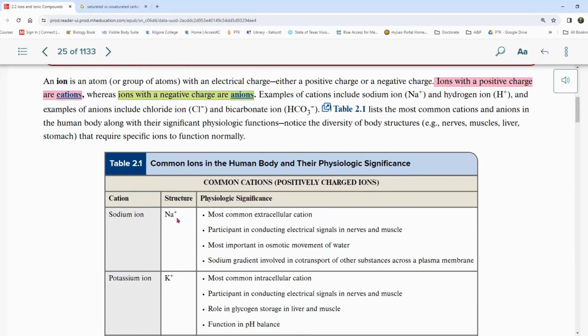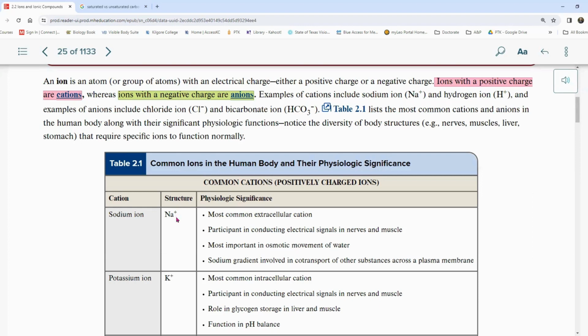If it has an overall plus charge, that means it has more protons than electrons. If you remember earlier, protons have a positive charge and electrons have a negative charge. So if sodium has a positive charge, it means it has more protons than electrons. And in this case, it just has 1 more proton than electrons.